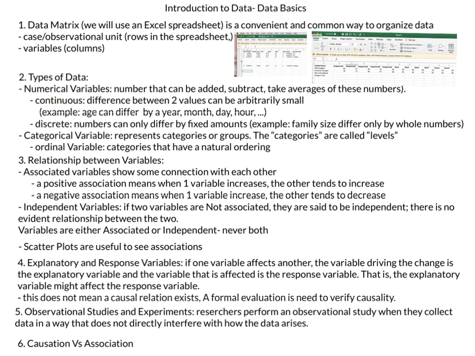Numerical variables break down into two other types. So numerical variables can be continuous or discrete. Continuous means the difference between two values can be arbitrarily small. An example I'm going to give you is age. You might consider people born in the same year the same age, or you might have differences by month. You might say, oh no, if you're half a month older, then you're not the same age.